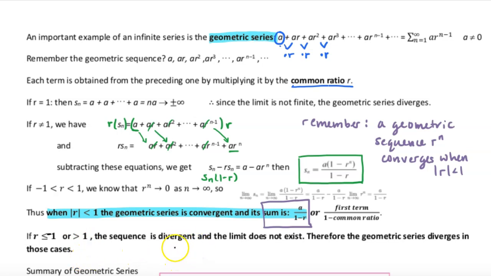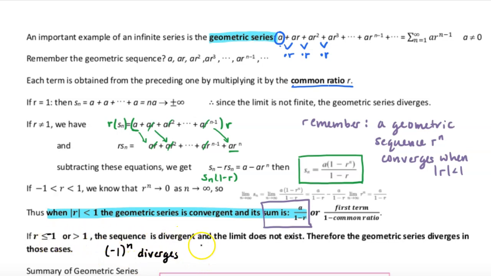the sequence is divergent, because remember, this alternating geometric sequence is divergent. So -1 to the power of n diverges, because it's alternating between -1 and +1.